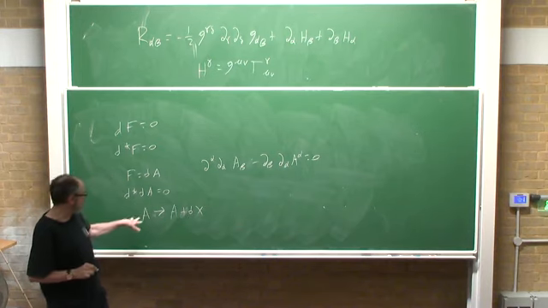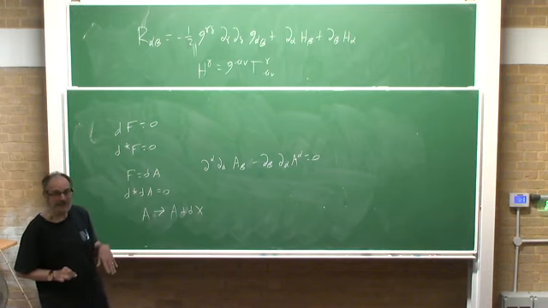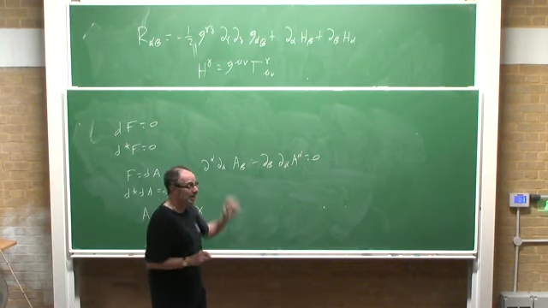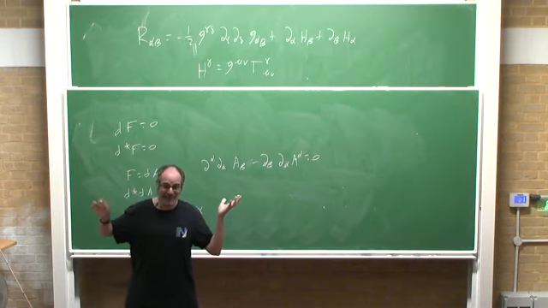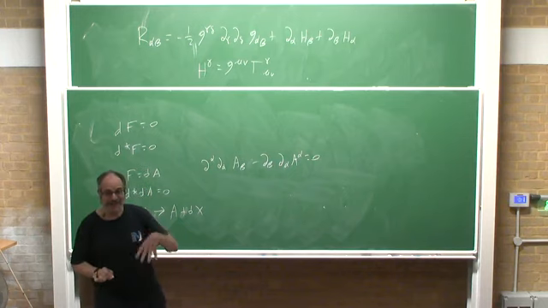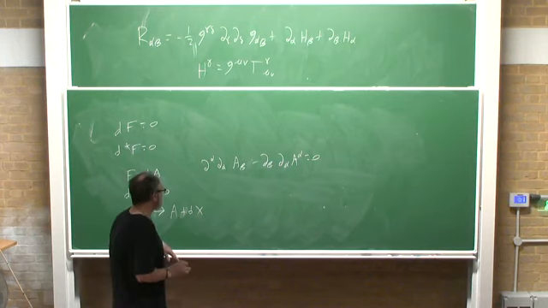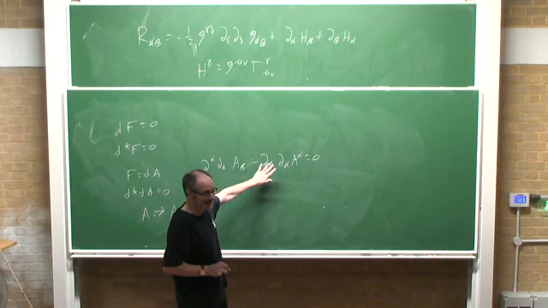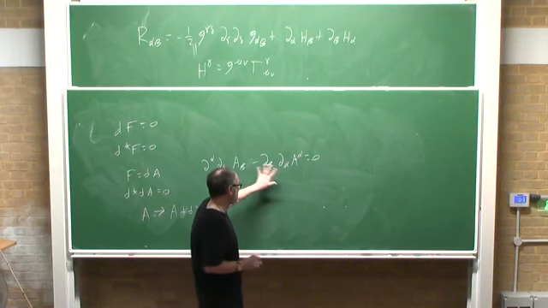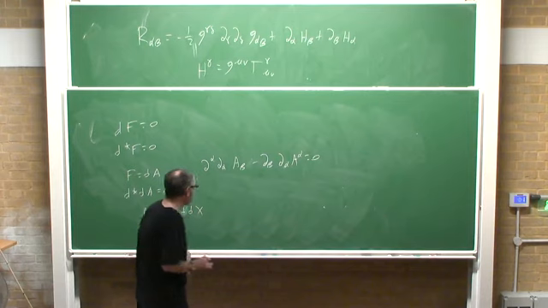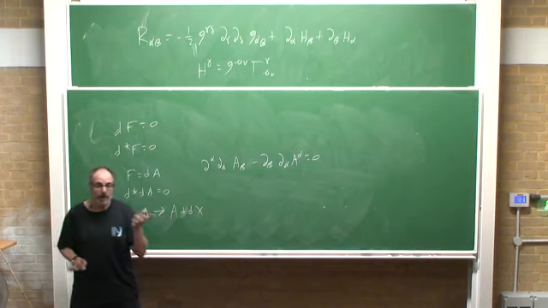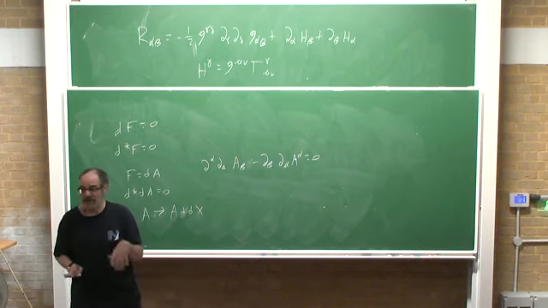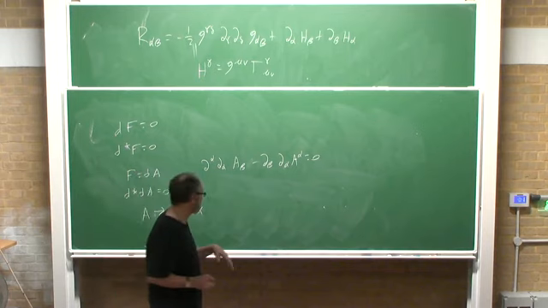And so this new A is just as good a solution as the old A. What that means is that writing the equations in this way, they're not supposed to tell me what A is given initial data, because there are lots and lots of different A's that could satisfy this. So yes, the equation in this form is ill-posed, but it's supposed to be, because there's no way that initial data for A should have a unique solution. It doesn't. All right, so how do we fix this up? Well, the ability to change A in this way, that is to change A under a gauge transformation, allows us to choose a gauge.